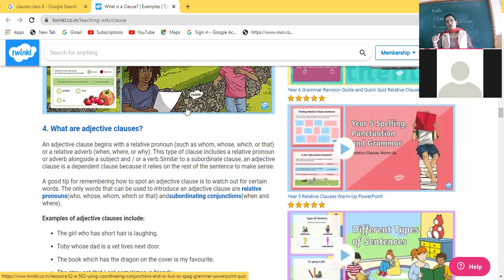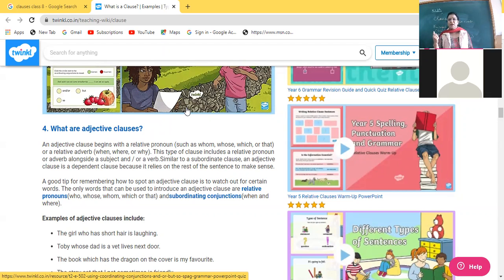Now, subordinate clauses are of various kinds, which will join with the principal clause, right? So, the subordinate clause will become meaningful when it is attached with the main clause. So, what kind of subordinate clauses are there?